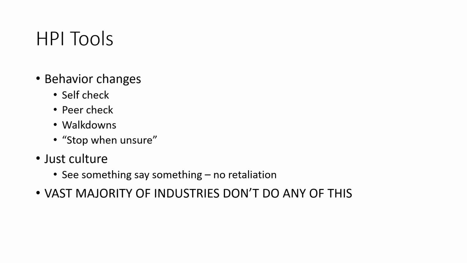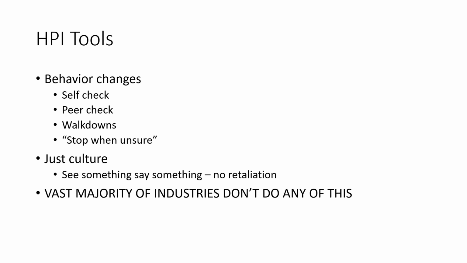But they're still going to happen. So how do we add additional behavioral controls to make them happen even a little bit less, but then also to untangle what happened? And so behavior changes are where HPI lives.